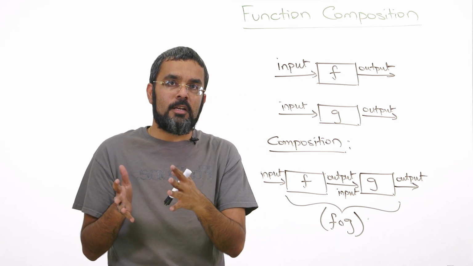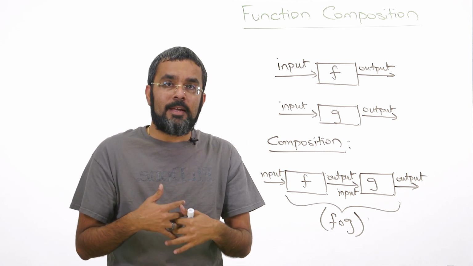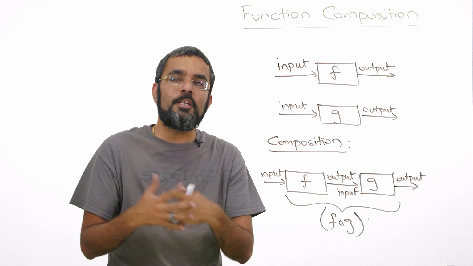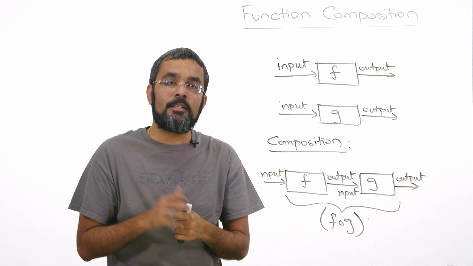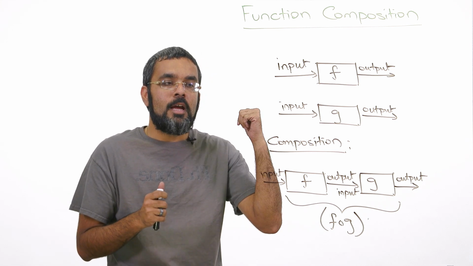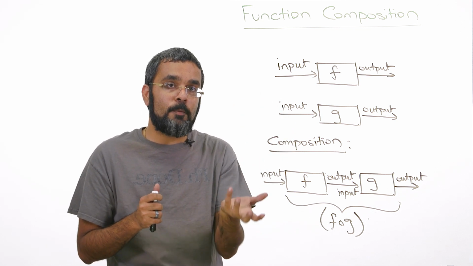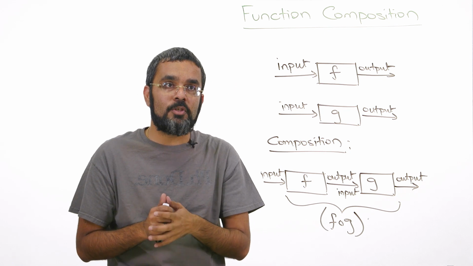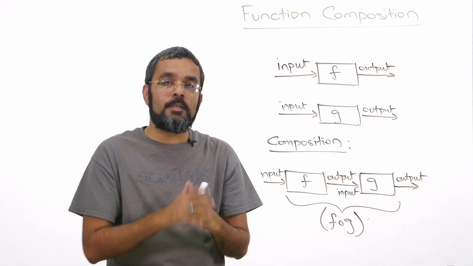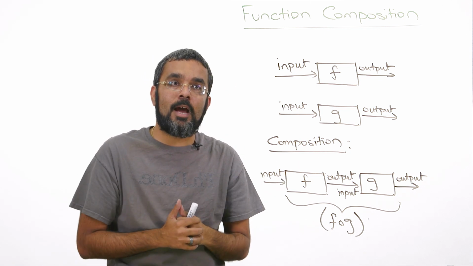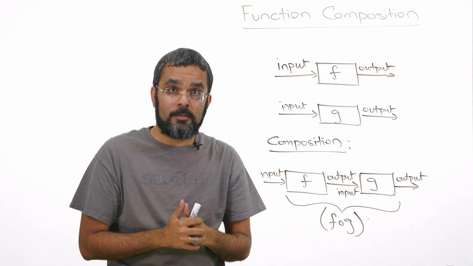Let's add a different machine that gave me candy. And the only input this machine took was sodas. It didn't take money. So what would happen? I would put in my coin, I would get a soda, and that soda, which is the output for the first machine, now goes in the second machine, becomes the input, and it gives me some sort of a candy. That's pretty much how the composition of functions works.